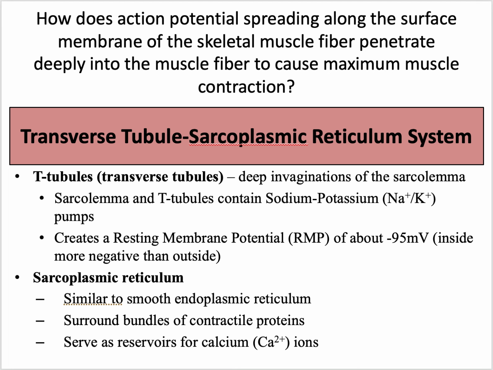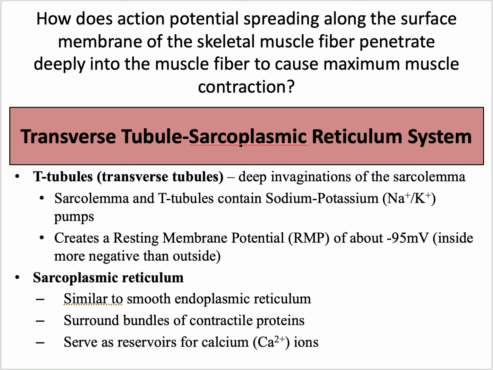Now, we have skeletal muscle cells, which are pretty long and cylindrical, and they're just jam-packed with myofibrils, those arrangements of actin and myosin. In order to get maximum muscle contraction, we need all of those myofibrils to undergo contraction.